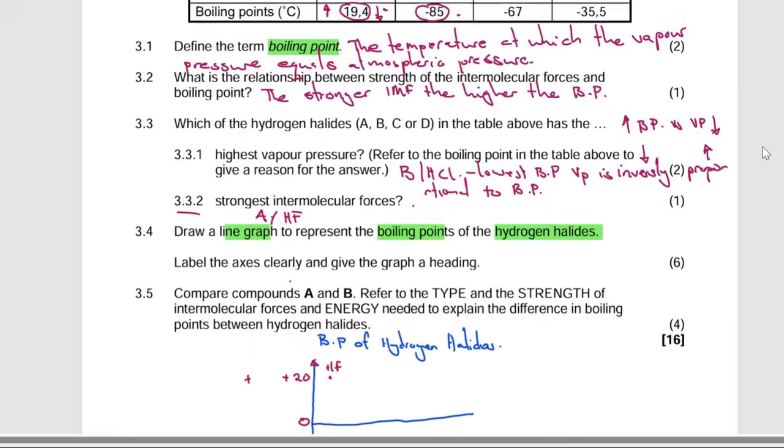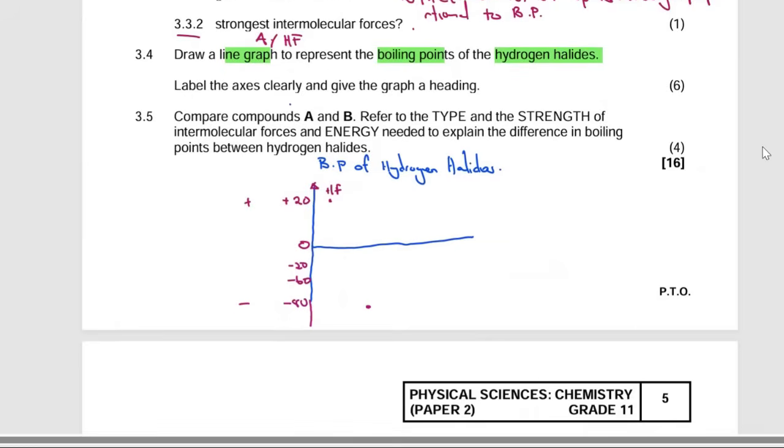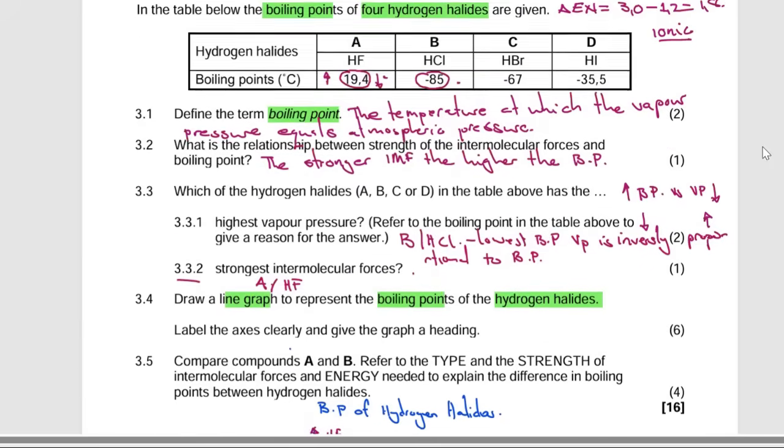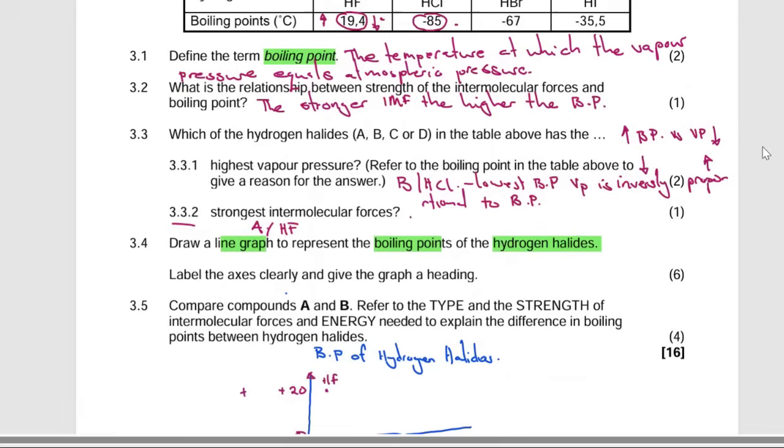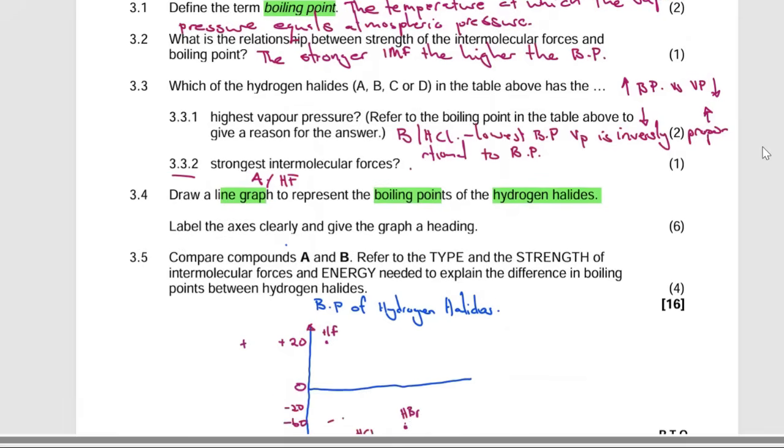According to this, our 85 there is HCl, so I'm going to have our HCl there at the bottom. Then the next one according to the table is 67, which is our HBr. I'm going to say around here I'm having a value of 60, therefore I'm going to put a 67 there, which is our HBr. And then finally we also have our HI, which is our hydrogen iodide, which is negative 35.